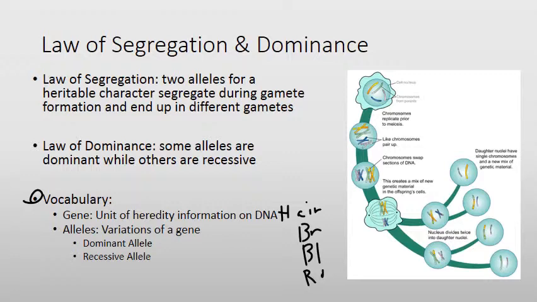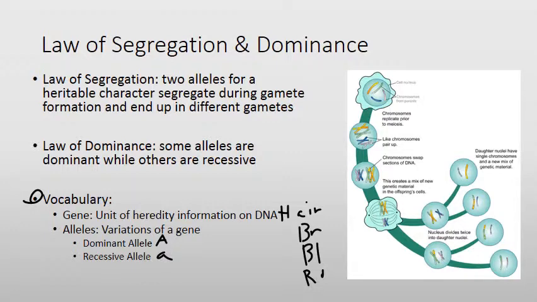Those are just different alleles. If you go back in this video, a gene is a character, an allele is a trait. So dominant allele and recessive allele are written with letters. A dominant allele is written with a capital letter, while a recessive allele is written with a lowercase letter.